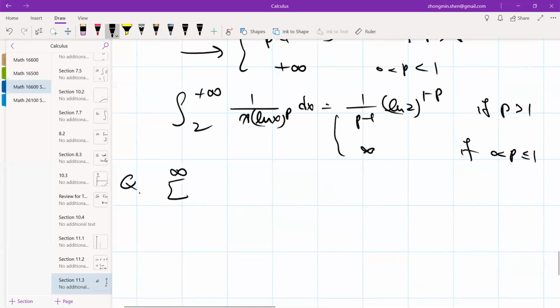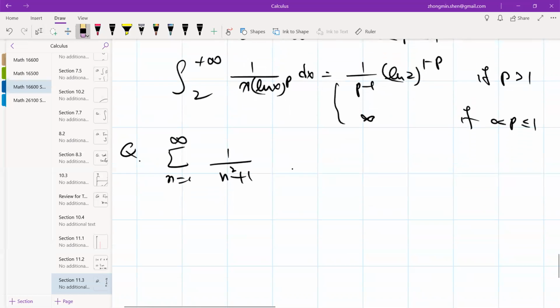And let's consider this. Well, this is not exactly a p-series, but I'm pretty sure it's convergent because it's n squared, right? But we haven't learned the so-called comparison theorem, so we cannot tell whether it's, yeah. But I guess it's convergent, okay?